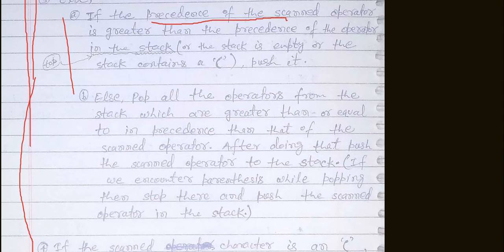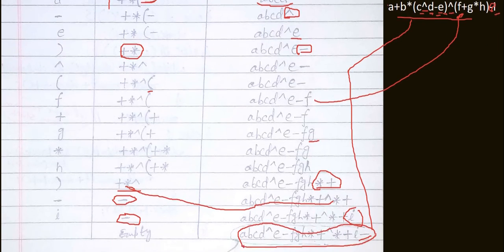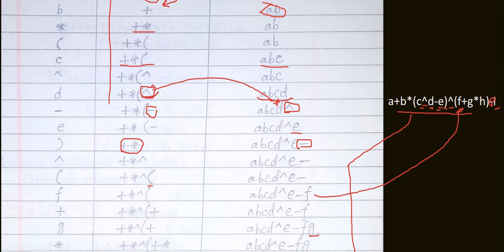What is this rule? As you can see here, as I said earlier, this is the exponent operator having higher precedence than the minus. So first we pop it out and concatenate it with the output expression, then push the scanned character into the stack.